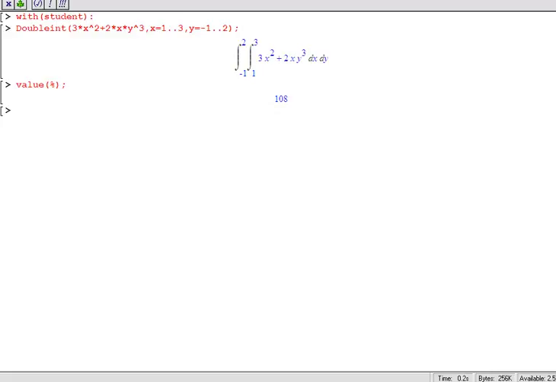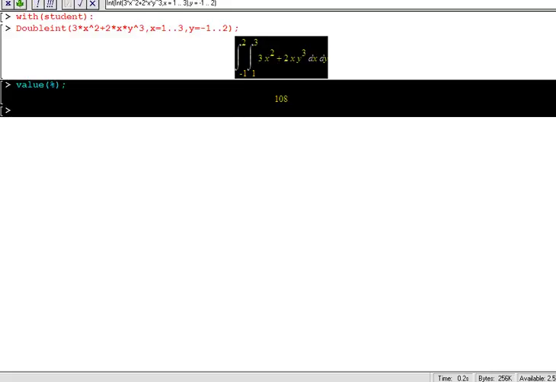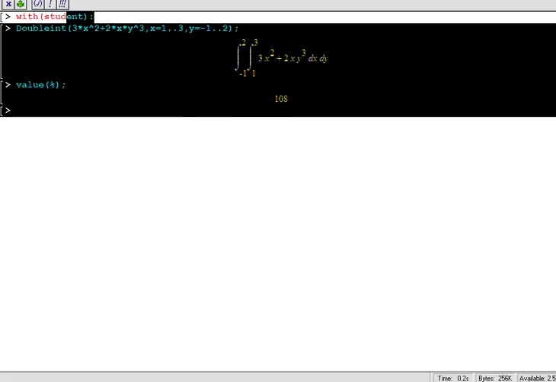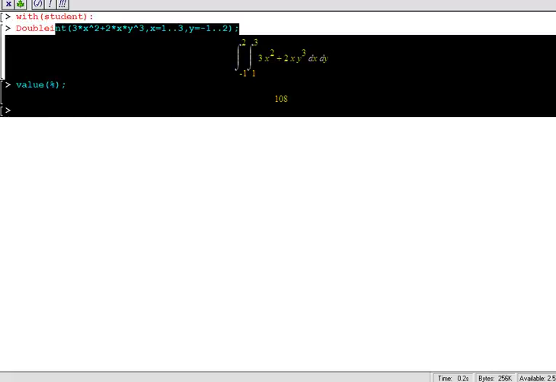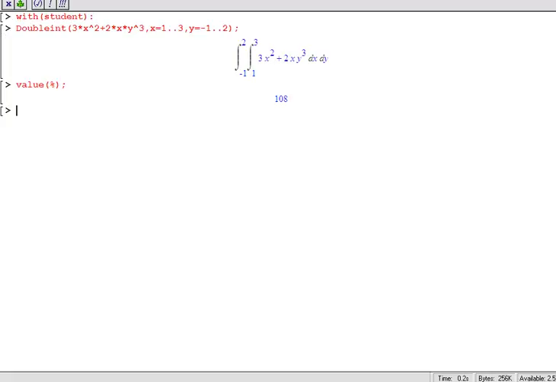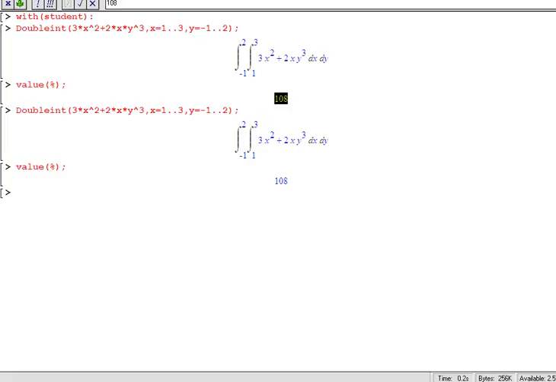Because this double integral just does dx dy, I'm going to copy this command so I don't have to retype it, and change the x to y and y to x.